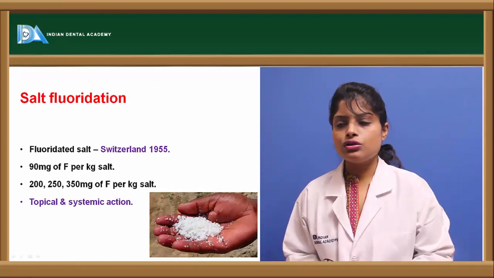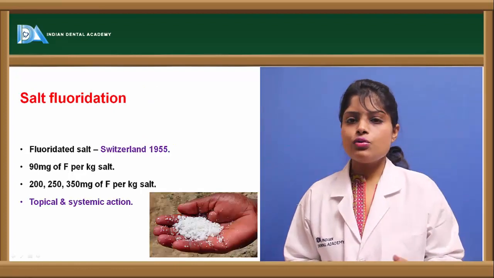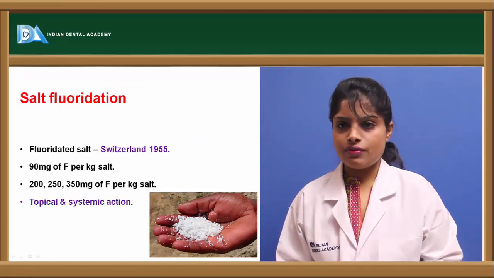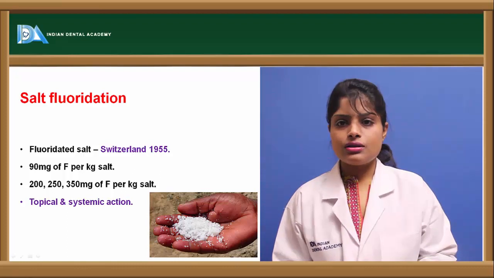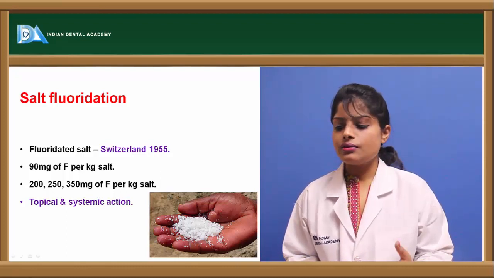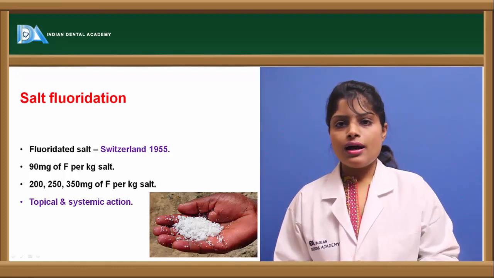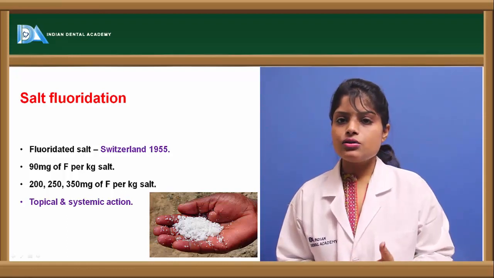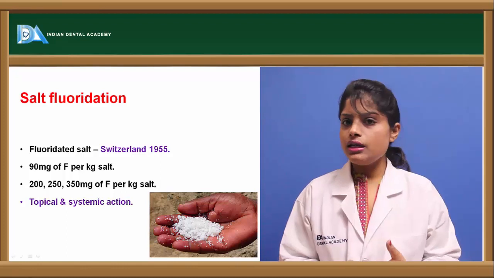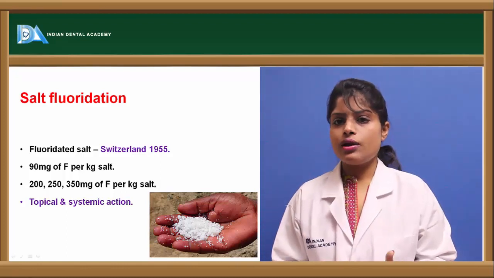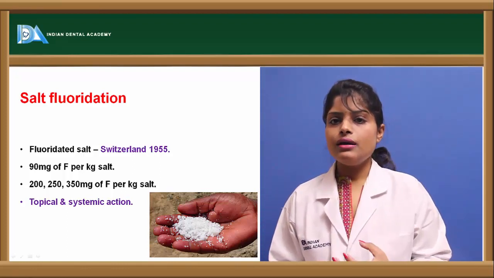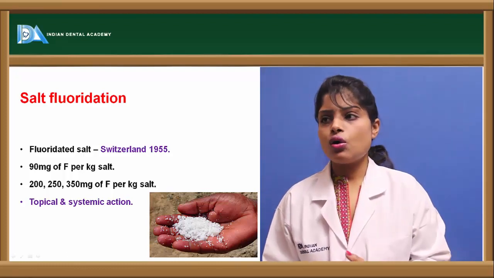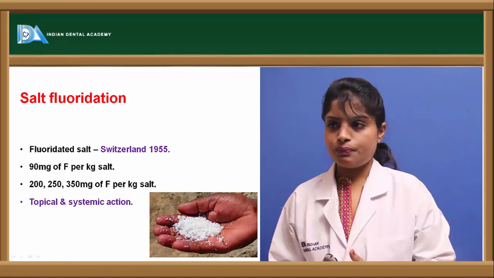Now coming over to salt fluoridation. It was first conducted in Switzerland in 1955. Later on, many countries like Italy, Mexico, Hungary and Colombia also followed Switzerland in salt fluoridation. Switzerland was a place where proper community water fluoridation was not possible, so they resorted to salt fluoridation.